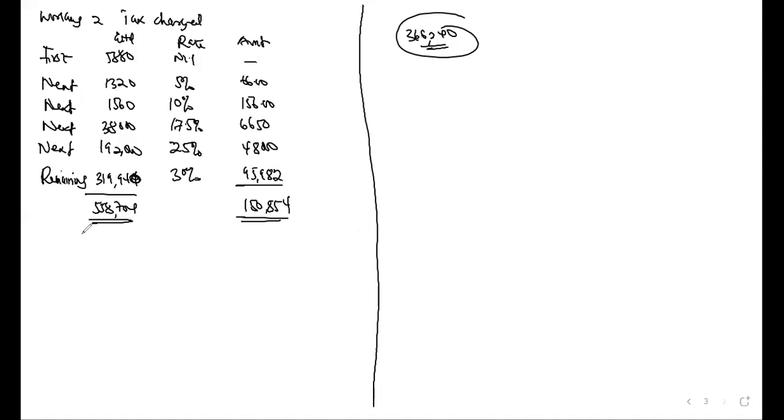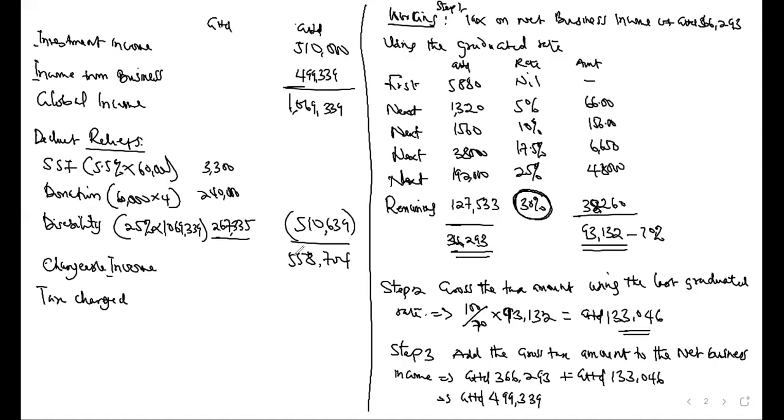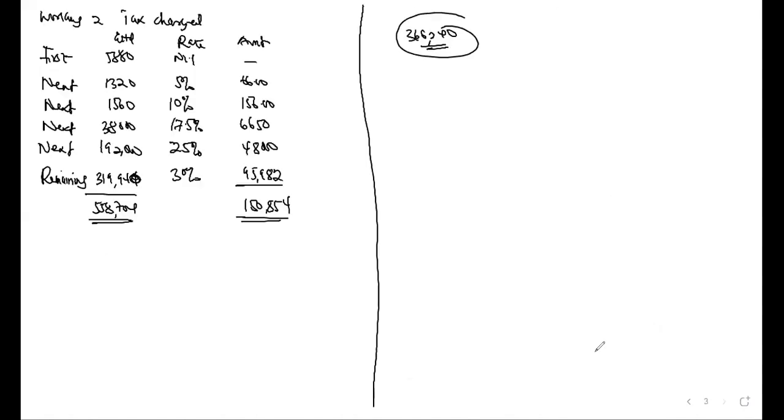All right. Now let's compute his net tax liability. We know that the total tax charge based on the global income is 150,854. Before we can compute his net tax payable, we have to calculate the effective tax rate for the foreign countries.